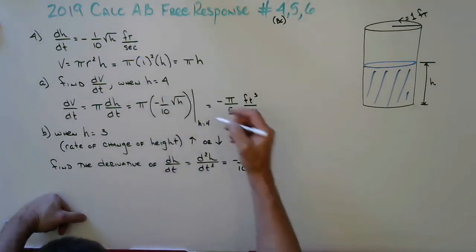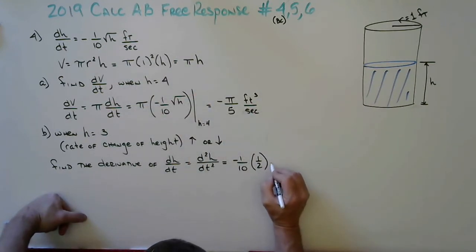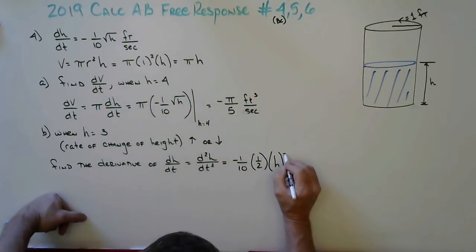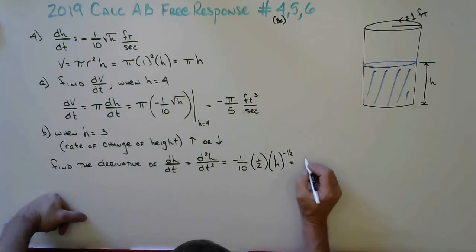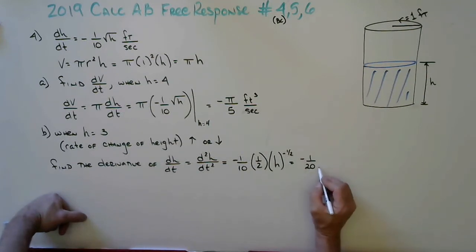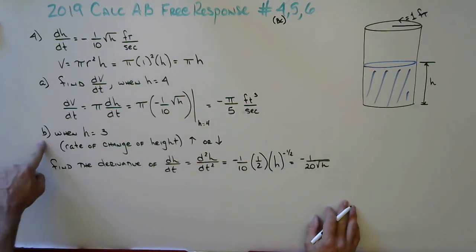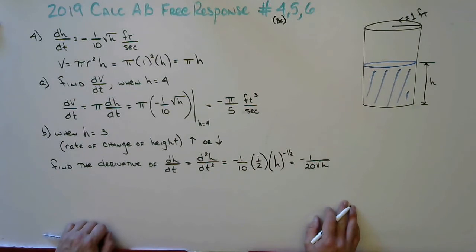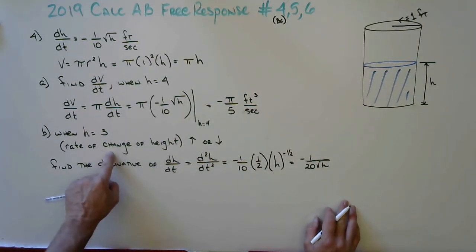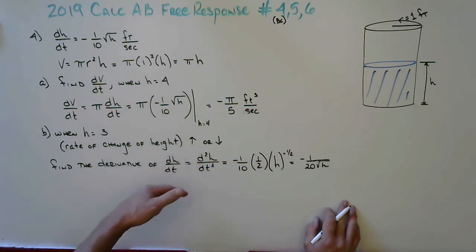The power here is a half, so we bring down the half. 1/2 minus 1 gives us h to the minus half. So we have negative 1/20, and then the square root goes on the bottom. So this is our second derivative. And they want to know, is this increasing or decreasing when h is 3? The second derivative is what tells me what's increasing or decreasing.